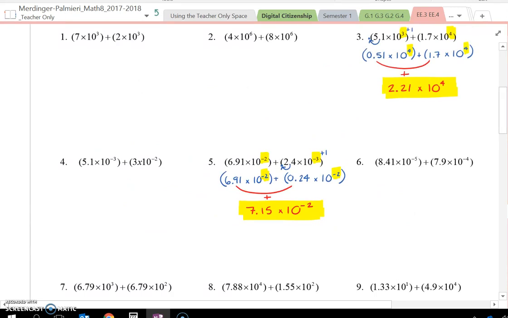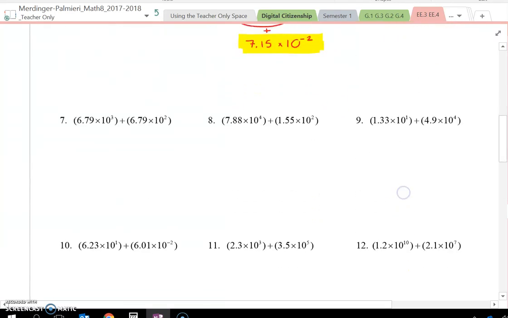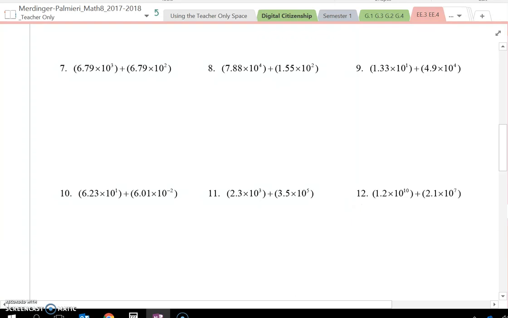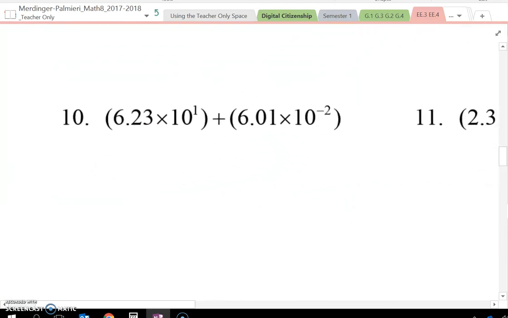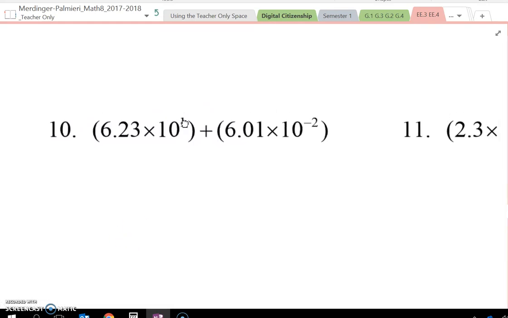And I think that we can do one more. Let me see if there's something a little bit more complicated. I think number 10 is probably the most difficult one on your paper here. So let's look at number 10. Looking at my exponents, I have a 1 and I have a -2.